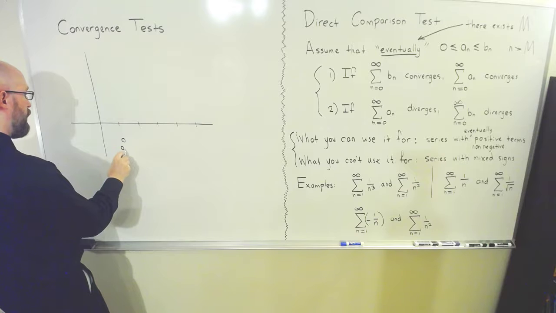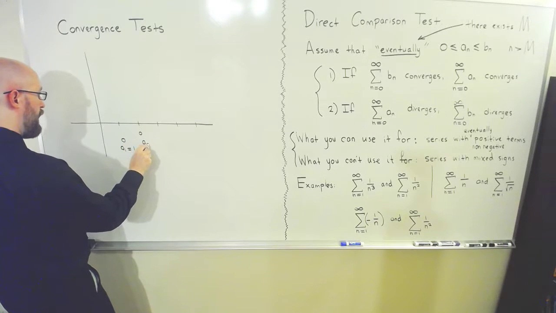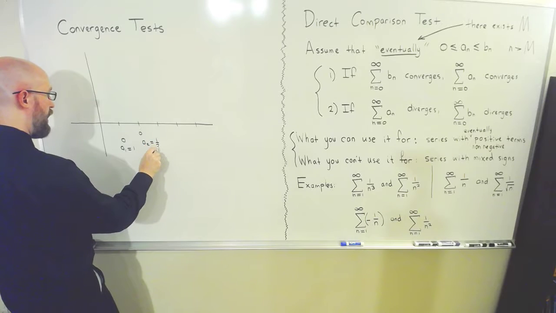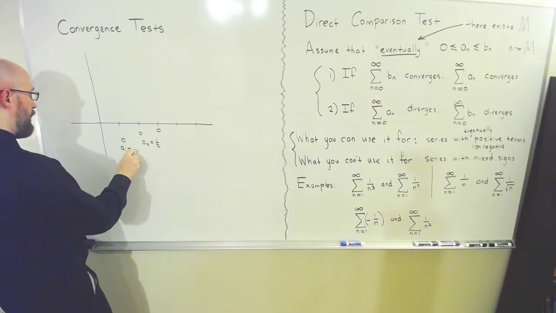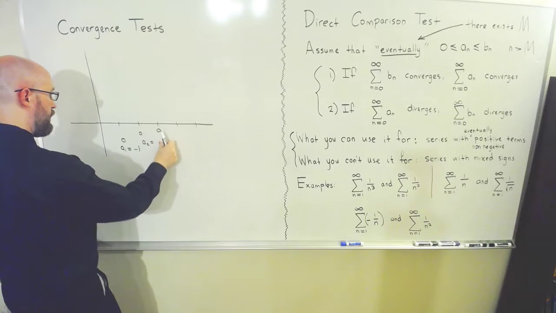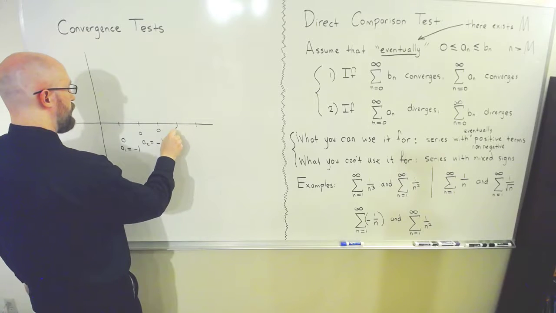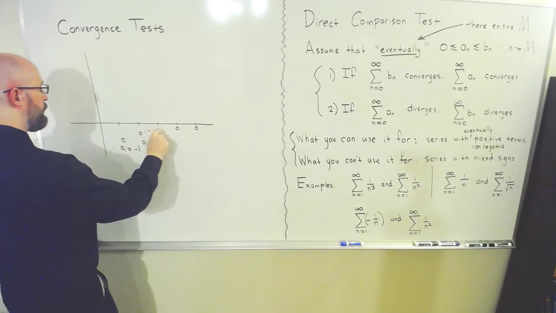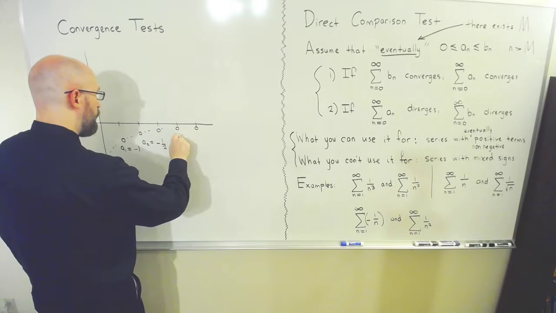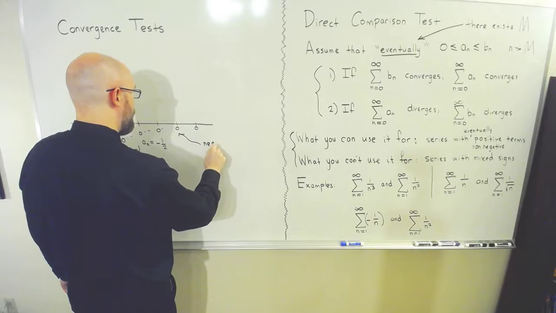So this is a1 equals minus 1. This is going to be a2 equals minus 1/2, and so on. There's not really room to write the others, and it doesn't matter. The point is that this is the negative harmonic series.